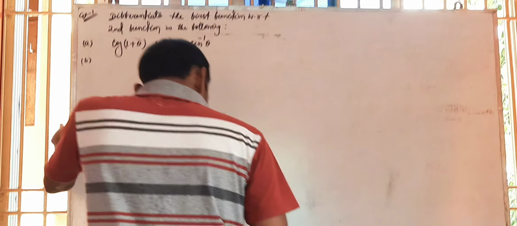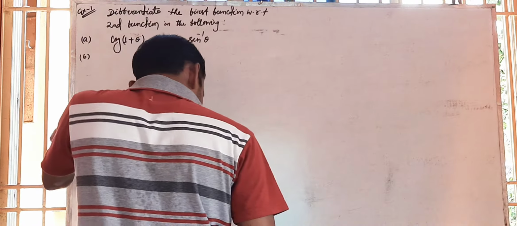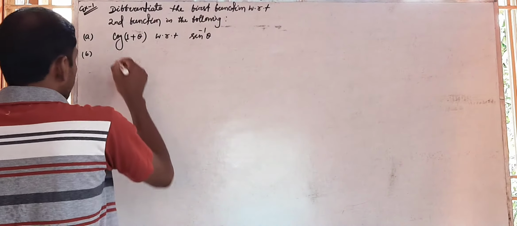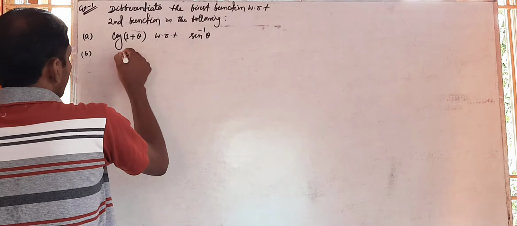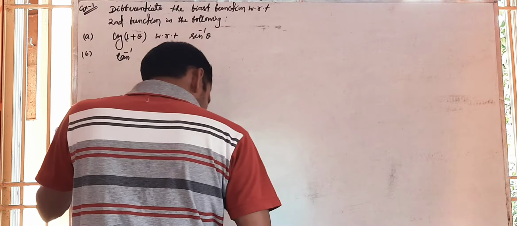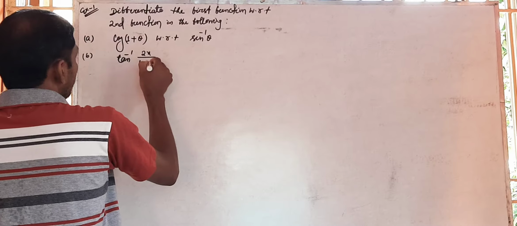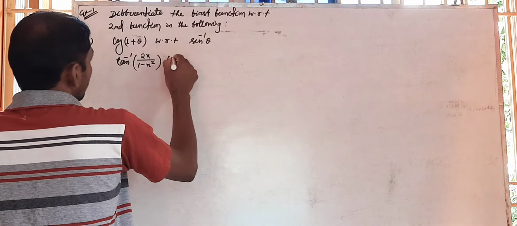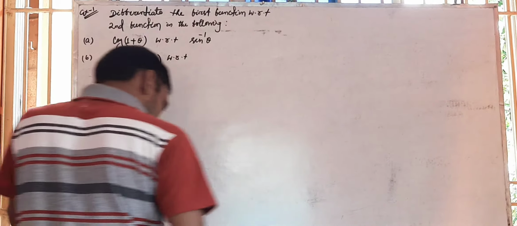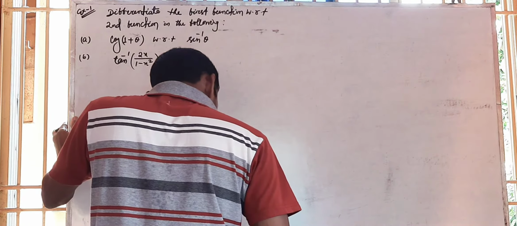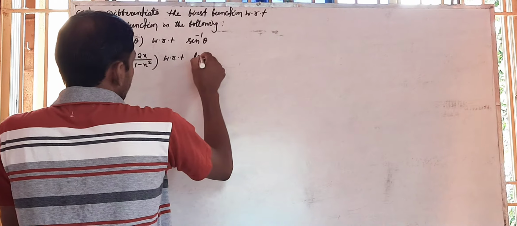Second, tan inverse of 2x by 1 minus x square with respect to tan inverse x.